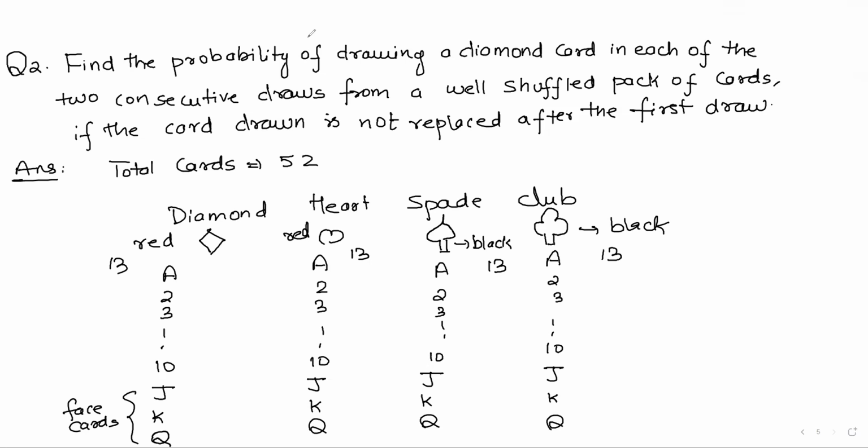No, in the numerator you should have 12 now, and in the denominator you should have 51. Are you getting this? Please check it, because one card, a diamond, you have already drawn. So next time, total diamonds will be 12 and total cards will be 51. Please try this.